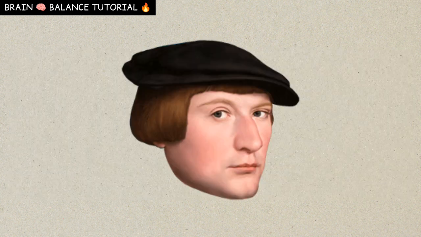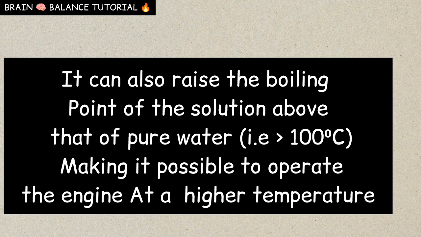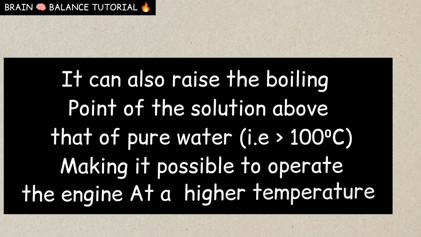It can also raise the boiling point of the solution. Also, when the water is not frozen, in no time when the engine starts up, the water also helps in regulating the engine to operate at higher temperature, making it run very well.